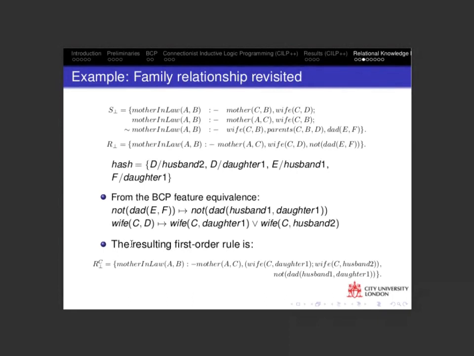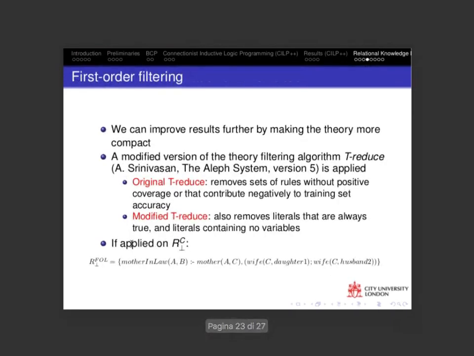The substitutions in our hash table, and then whatever was derived, which is our bottom clause, and then chaining is not satisfied, so we replaced the variable by husband one, daughter one, by inspecting the hash table. And then we can also use other ways of simplifying these descriptions, for instance, T-reduce and variations of it, which in this example produces that statement there for mother-in-law.